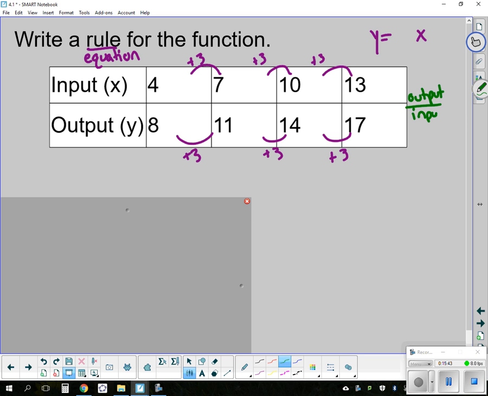Whatever's happening on the output difference, divide it by the input here. So on this one, +3 is happening for my outputs, and +3 is happening for my inputs. Well, that's really just 1. That's going to get multiplied by your x.